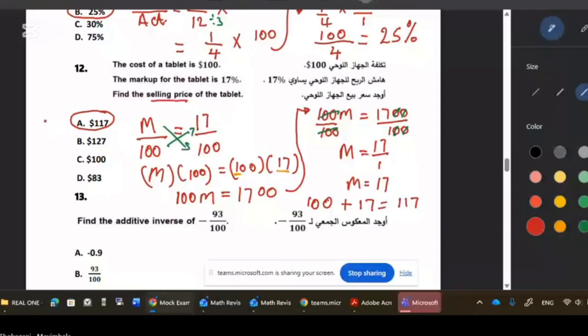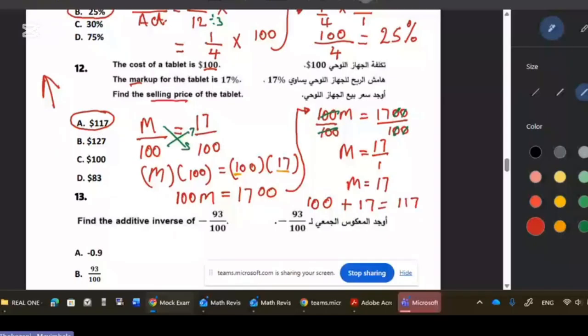Let me repeat this one, as someone was saying they did not understand. The first thing here, they say that the tablet is $100, and the markup means it goes up. Markup means goes up. Discount means goes down.